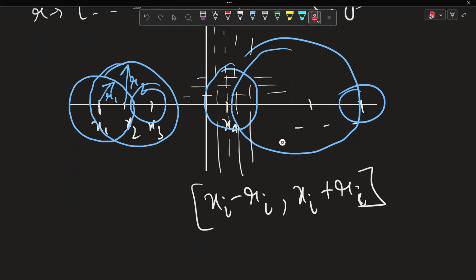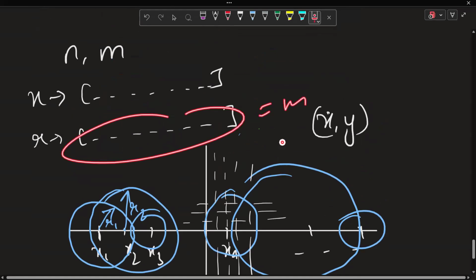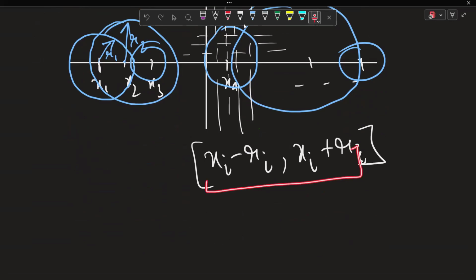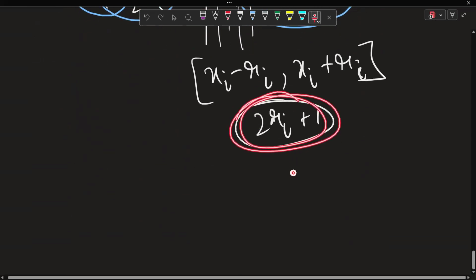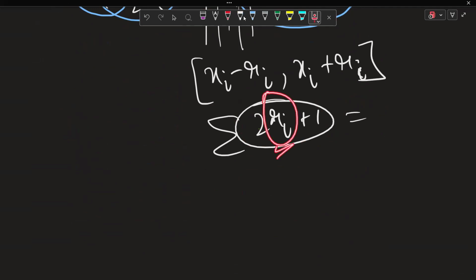Now, what is the total number of all possible x that we can have? You know that the sum of radii is equal to m. For every circle, the size of this range is 2 times ri plus 1. If you sum them up over all i, that would be 2m plus n, if you have n points.